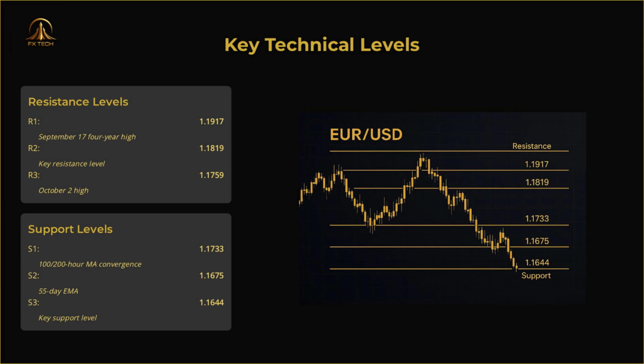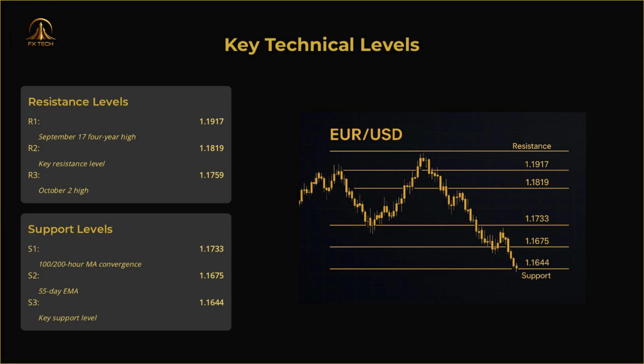On the support side, 1.1733 is particularly significant as it represents the convergence of both the 100-hour and 200-hour moving averages. This level has proven to be robust support and serves as the risk and bias level for many traders. Below that, 1.1675 aligns with the 55-day EMA, providing secondary support.